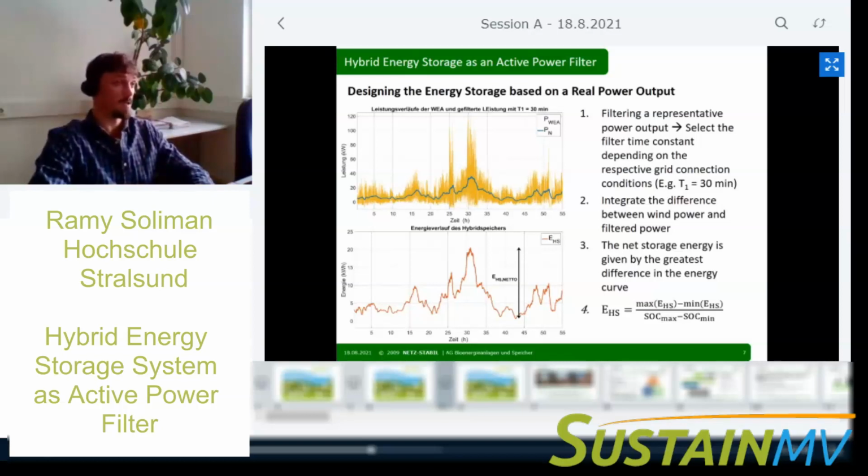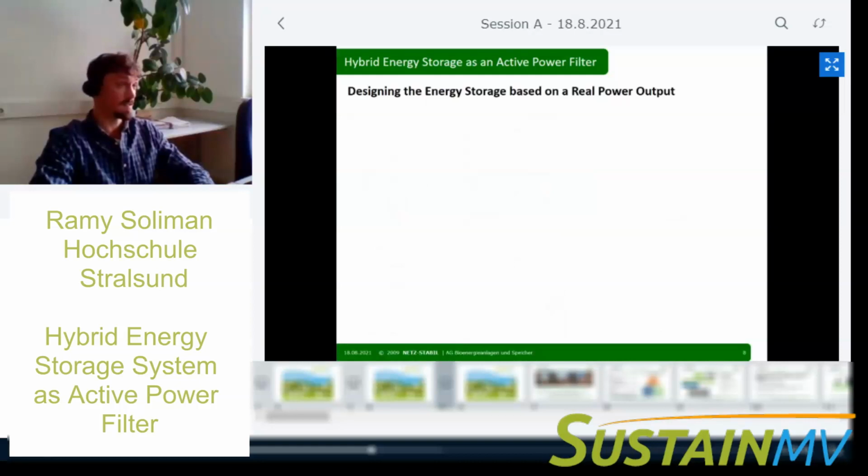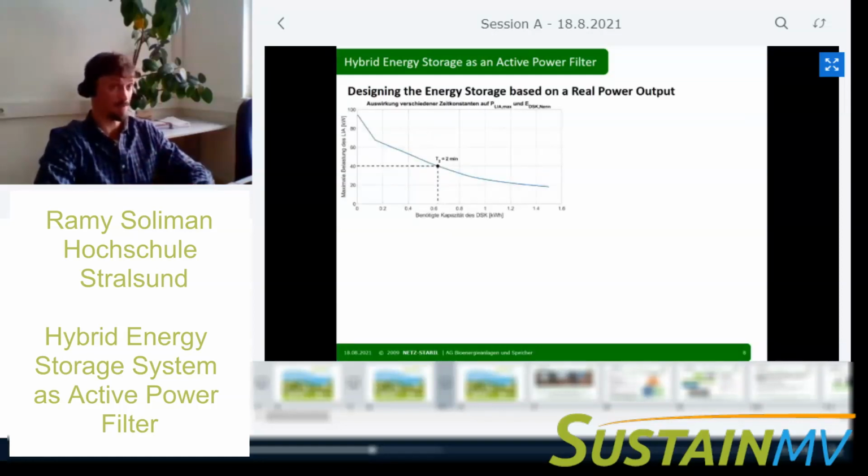And now in the next step, we want to determine the split between the two storage technologies. It's actually the same process as when laying out the total storage capacity seen before.